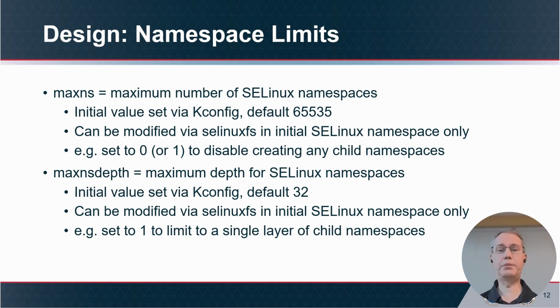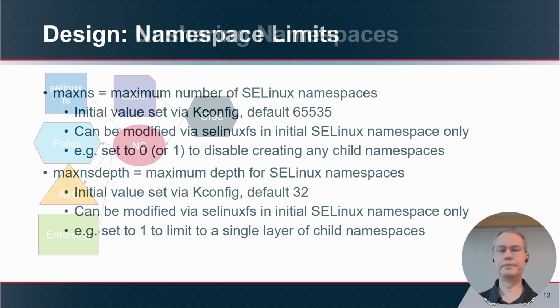If you wanted to set up a host so that containers launched by the host could have their own SELinux namespace, but couldn't further nest those namespaces, you could set this limit to 1 in order to enforce that guarantee.